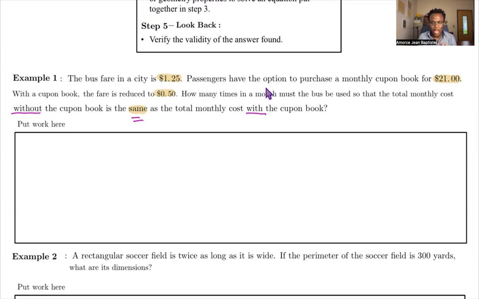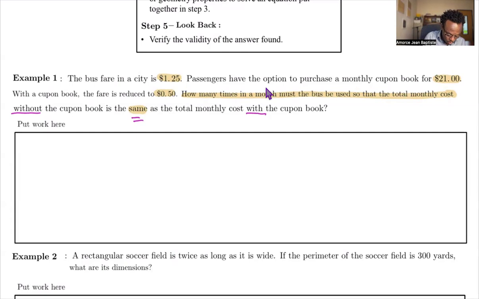So that means the coupon book, how many times? What is the exact number of times that you can use the bus for having the coupon book and not having it to make no difference. So what do they want me to find? They want me to solve for the number of times to use the bus with and without the coupon book to make no difference.